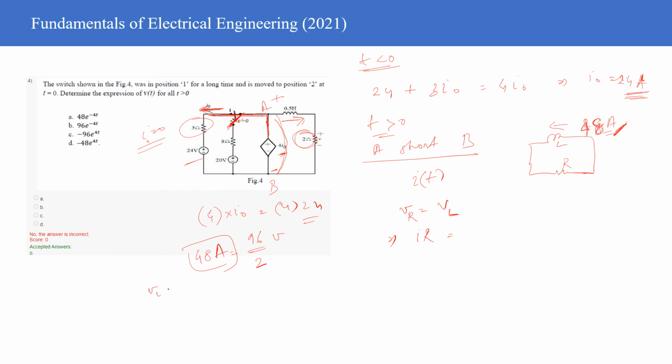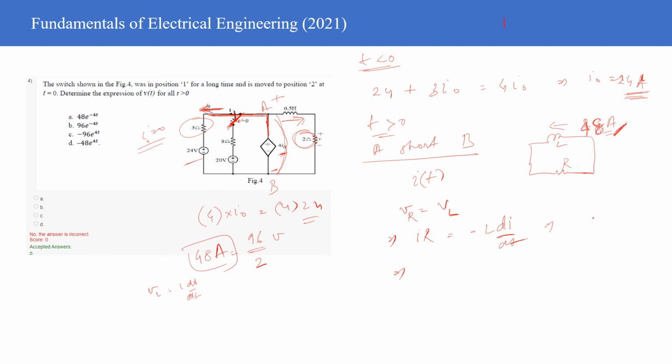That equals L di by dt. And since the current would be discharging, because it's now in a circuit with an initial value of current, and the current will try to dissipate in the resistance, it will be minus L di by dt, right? So you can again write the integral.